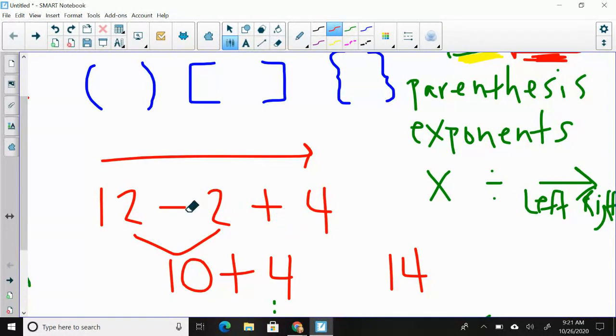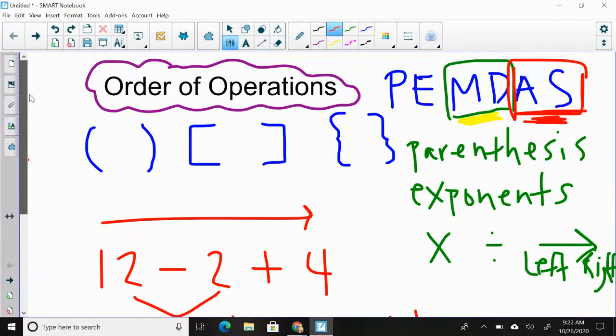Okay. So when you have addition and subtraction, you are working the problem from left to right. You're not saying, oh, addition always comes before subtraction. That's not correct, okay?